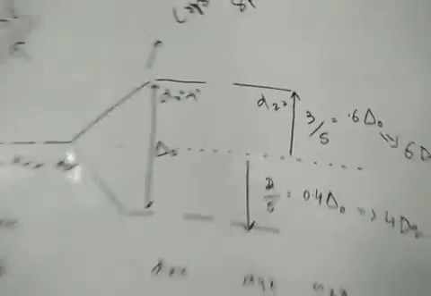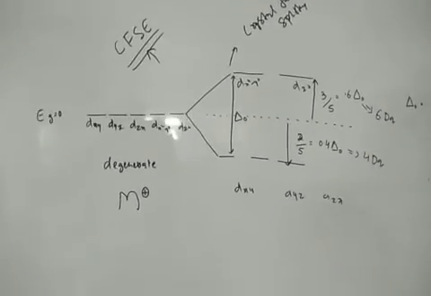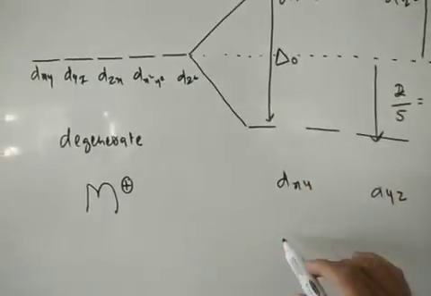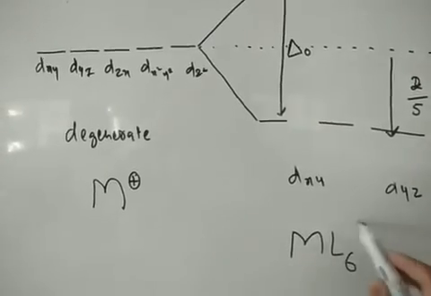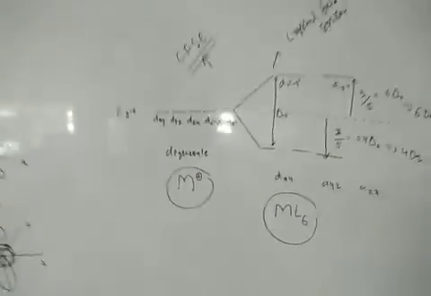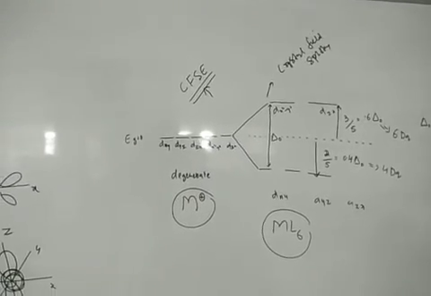Okay. So this is basically the main diagram as far as the crystal field splitting of the octahedral complexes is concerned. So this is basically ML6, that is the complex. So this is all about the basics, and the rest we will see in the next class. So this is the basics about the crystal field splitting in the octahedral complex.